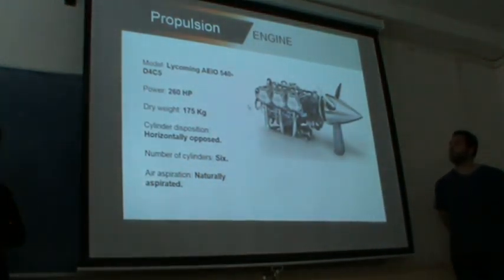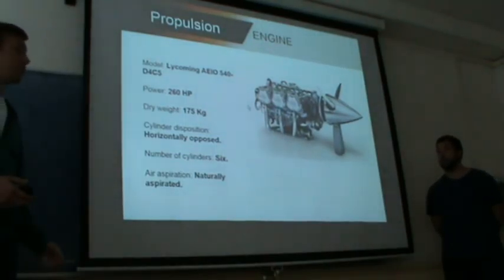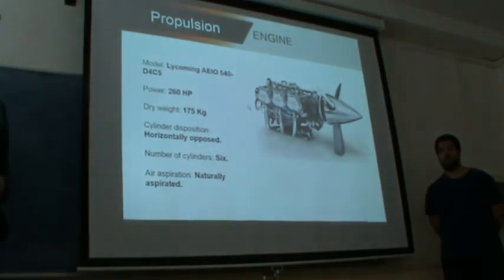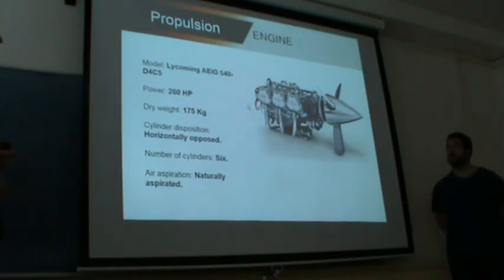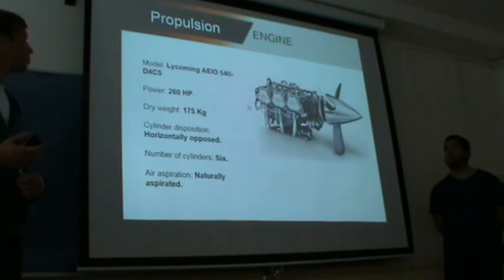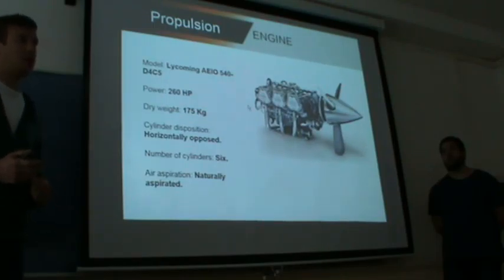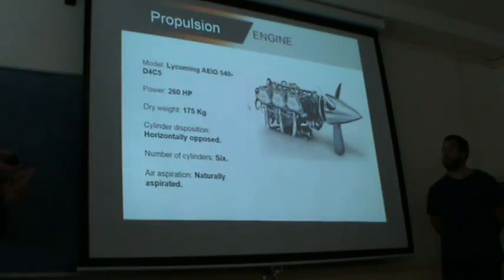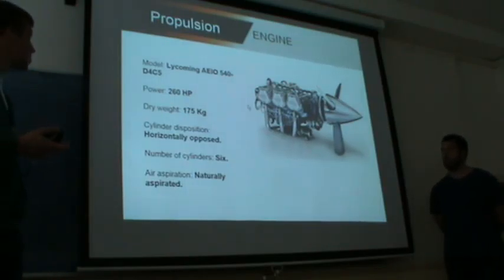The propulsion department has selected the engine. It is a Lycoming engine because it is the only brand that certifies and satisfies the FAA certificates. It is an IO-514 cubic inch engine, and it provides 260 horsepower at the maximum continuous rate, which is the same rate as takeoff, and it works at 2,700 RPM.